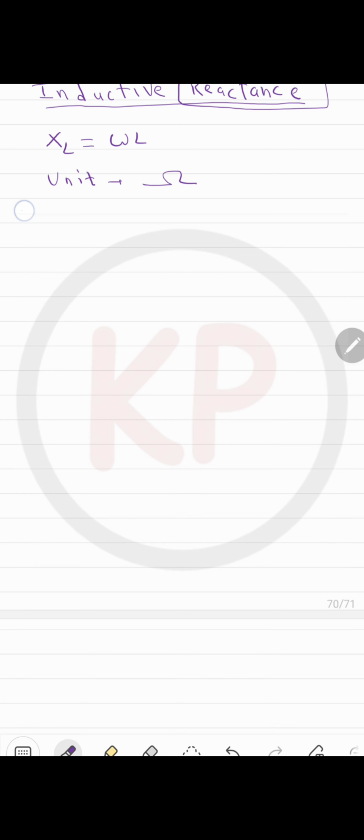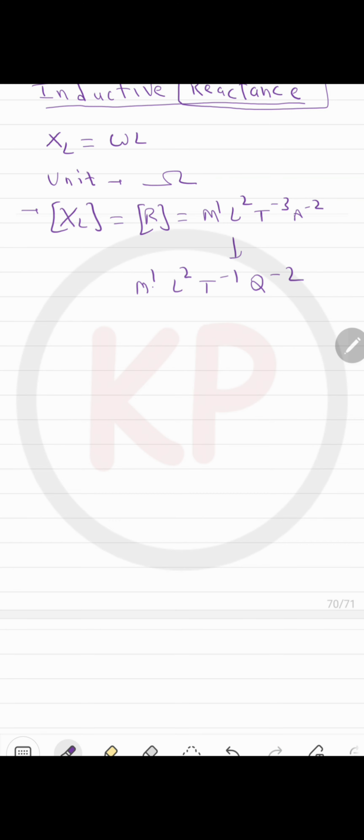Dimensional formula of XL is same as that of resistance, and that is M1 L2 T minus 3 A minus 2. If that MCQ is asked in terms of coulomb, then we can write M1 L2 T minus 1 Q minus 2. So this was inductive reactance.